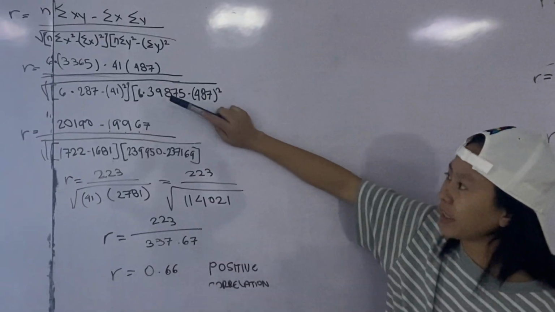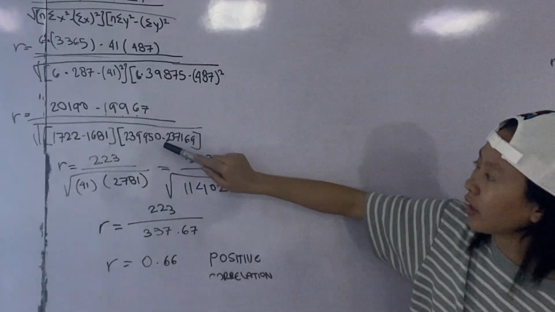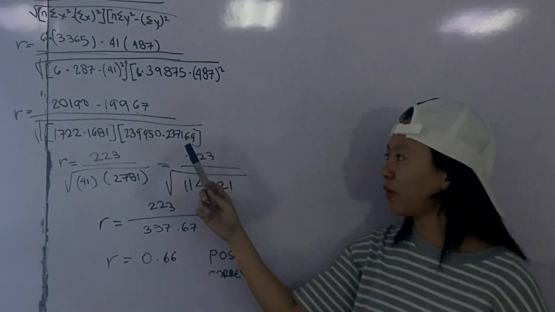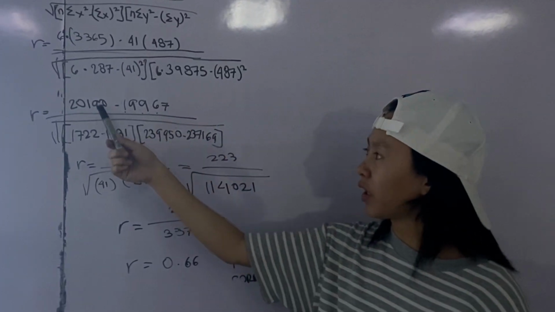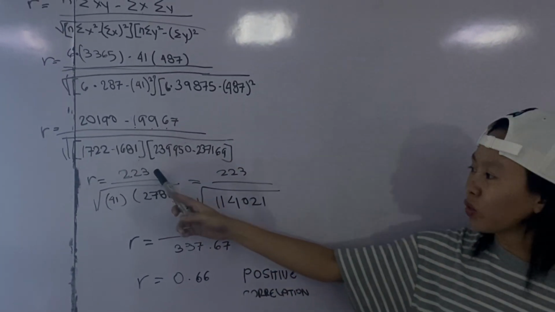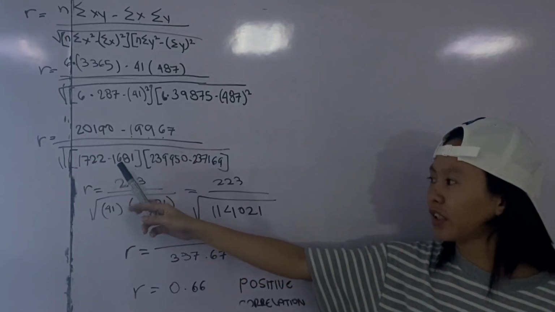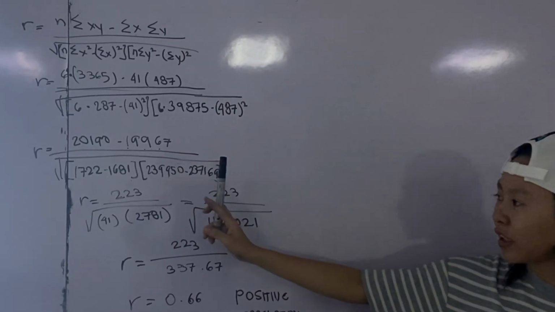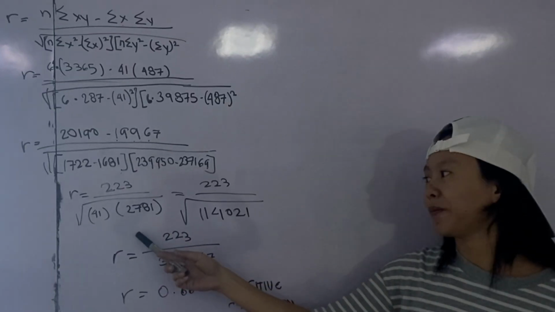Then multiply the 6 and 39875, that is 239250, and square the 487, that is 237169. Then just subtract this. You will have 223, and subtract 1722 and 1681, that is 41. And subtract 239250 and 237169, that is 2081.